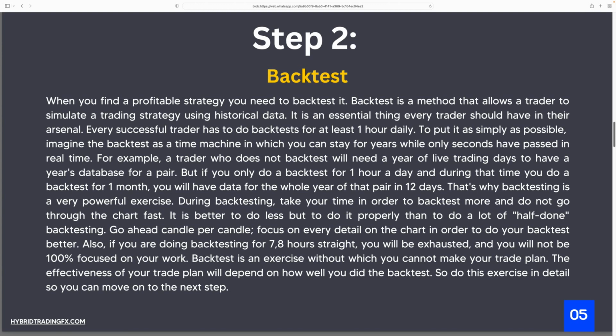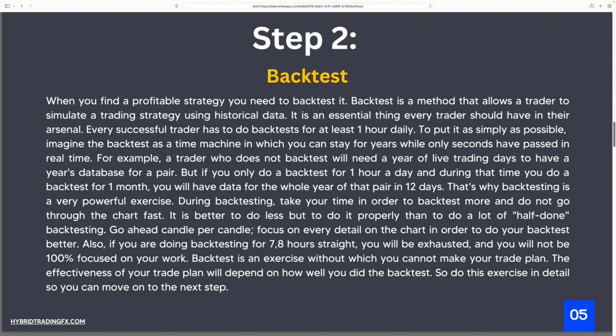This trader on the left who doesn't backtest is going to need 1 full year to have all of that data. And the trader who is backtesting only 1 hour a day, doing 1 month a day, is going to be able to do that exact same thing in 12 days.